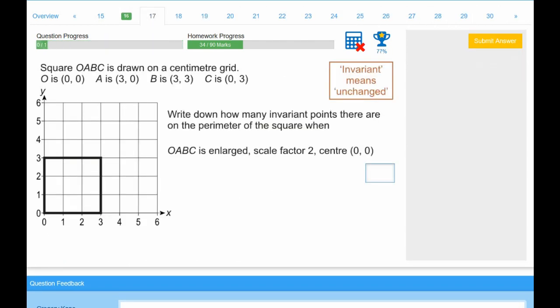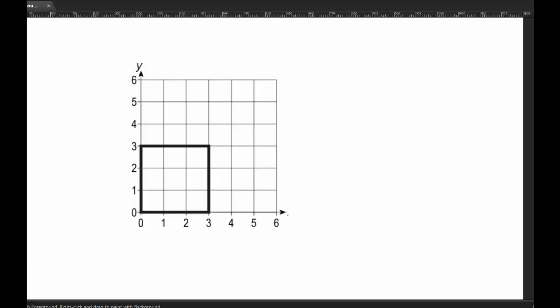Question 17. We are asked to find the invariant points. If this is enlarged, scale factor 2, center (0, 0), I'm going to just copy this and show you what it looks like.